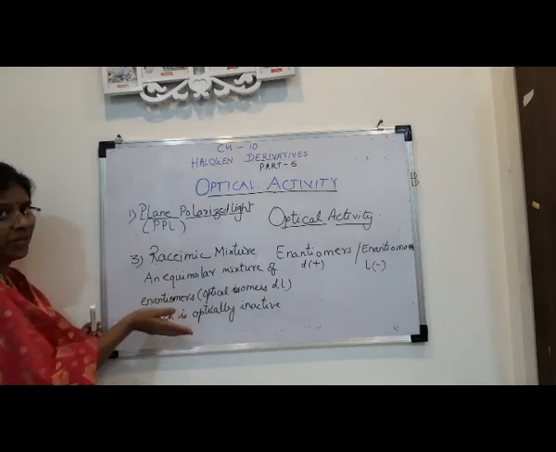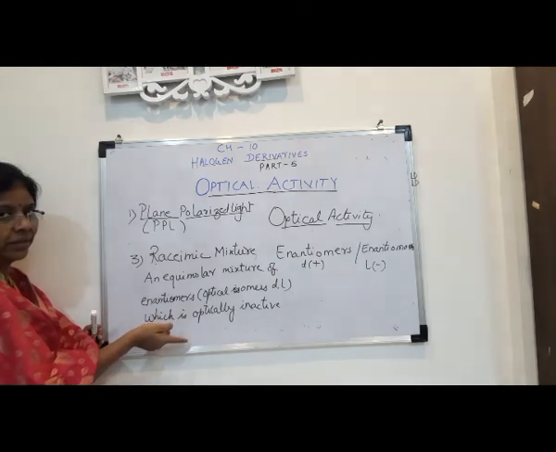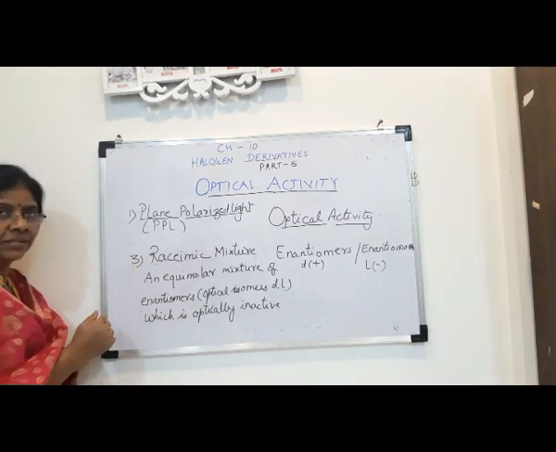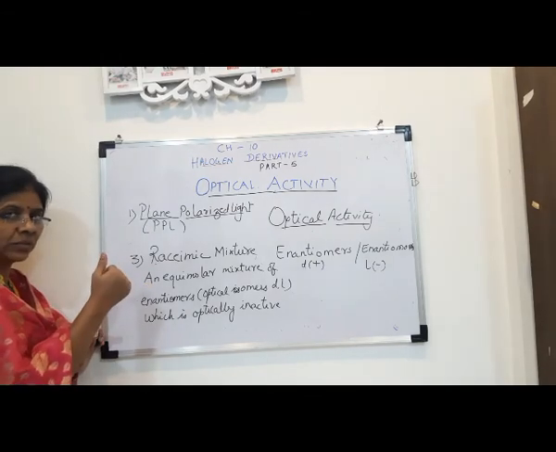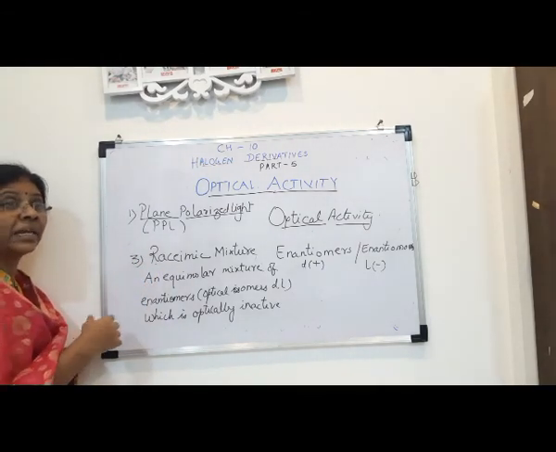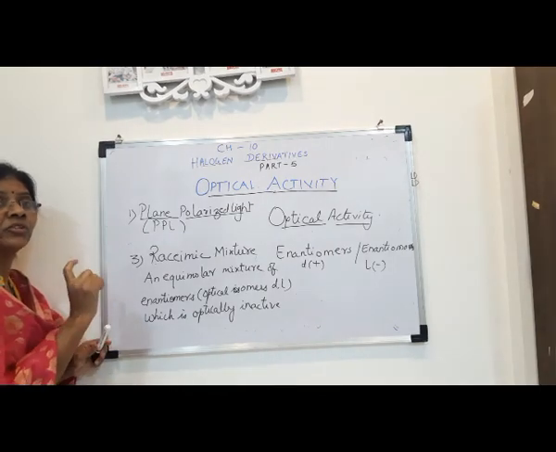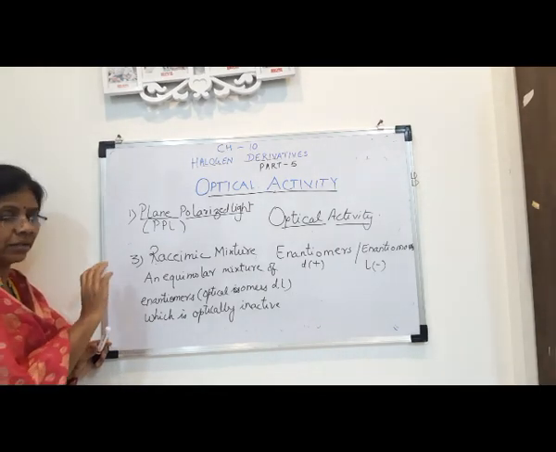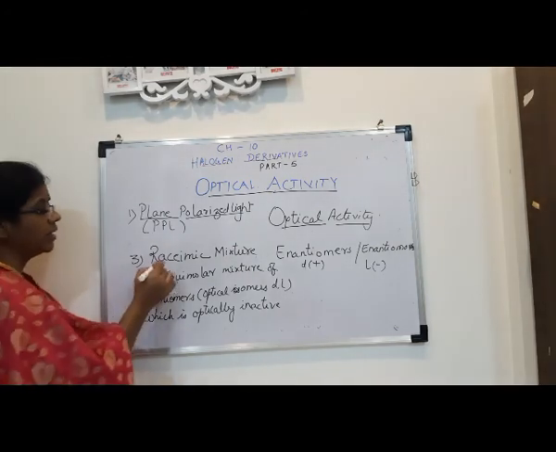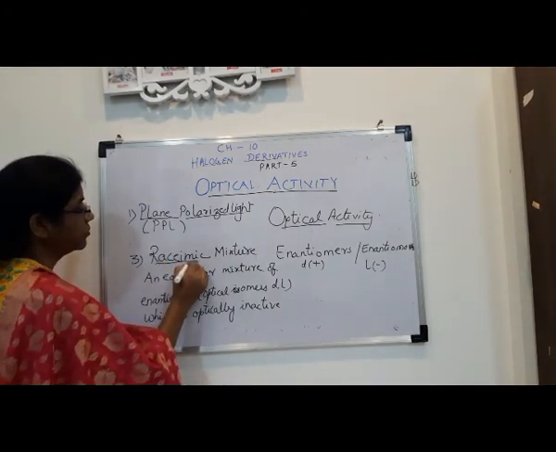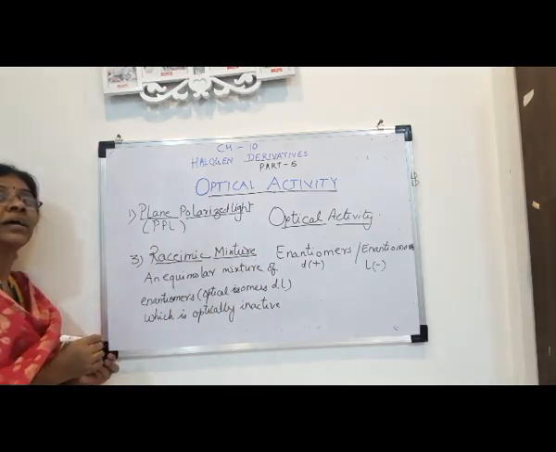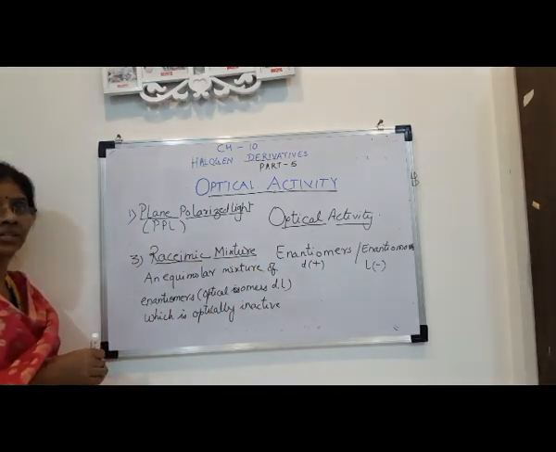Because if one enantiomer rotates the plane of plane polarized light to the right, the other at the same time rotates it to the left, and the net resultant is 0. So we can say that a racemic mixture is optically inactive, and that is due to external compensation.